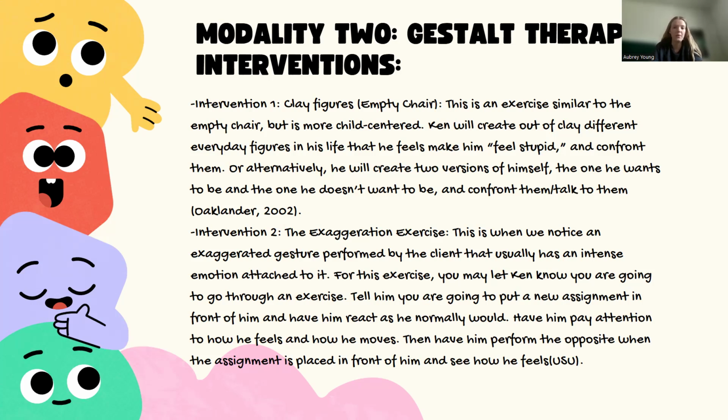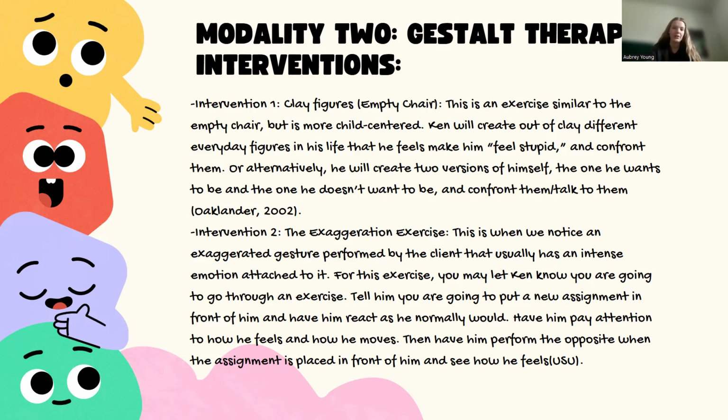Or alternatively, we could have him create two different versions of himself, the one that he wants to be and the one he doesn't want to be, and have him confront or talk to them. Again, this will depend on the flow of conversation, but the point is that Ken can verbally express how he feels about his situation and other people involved in his situation without any consequences, right, of him getting in trouble for speaking out or expressing his feelings.